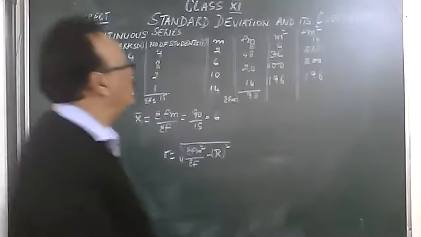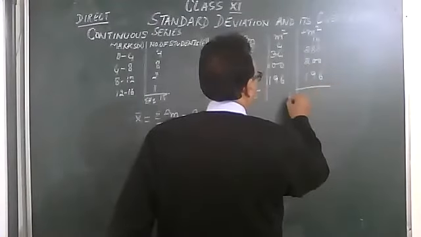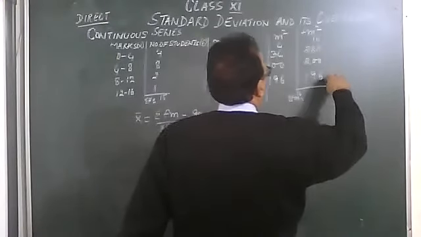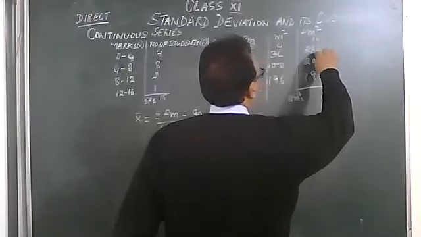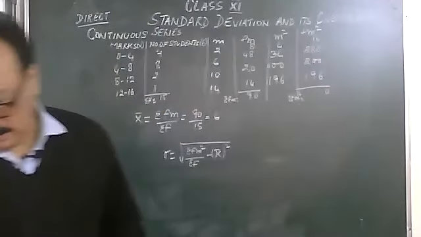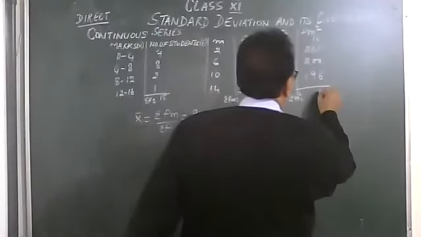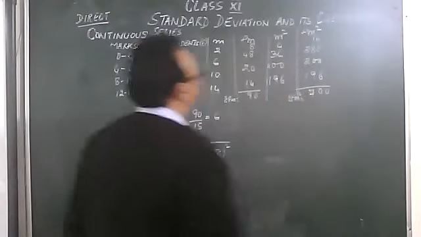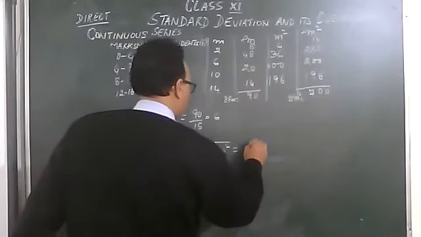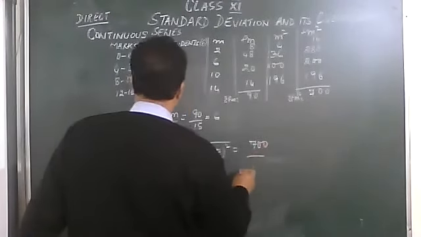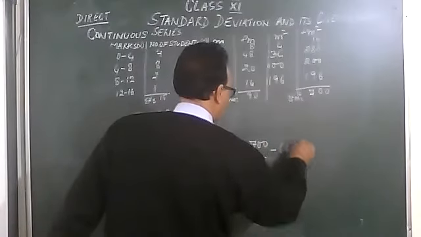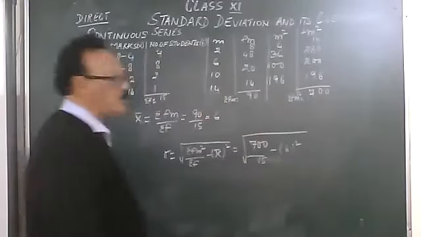Now add up this to get sigma f m squared, which is 700. Then substitute this value here. 700 upon sigma f, which is 15, minus the mean, 6, squared. This whole thing is under root.